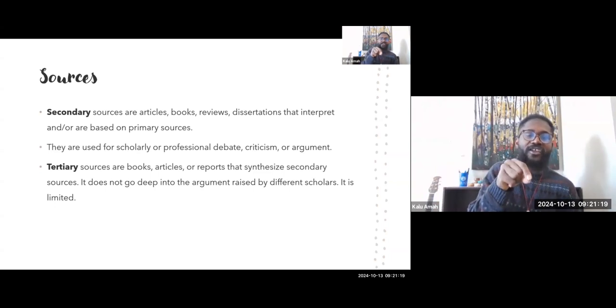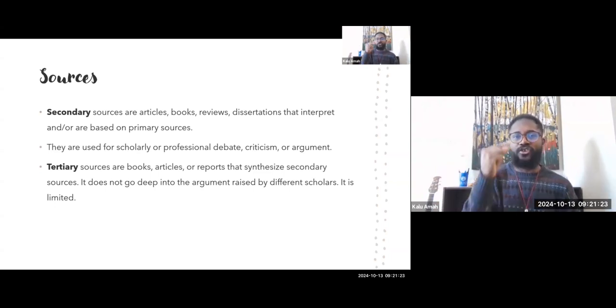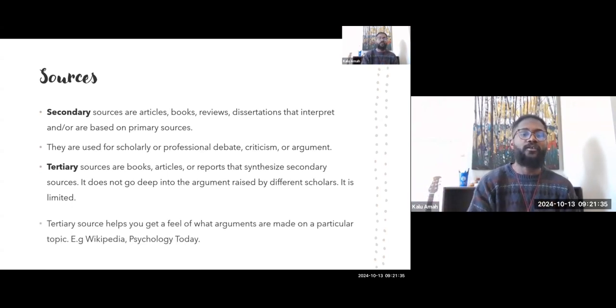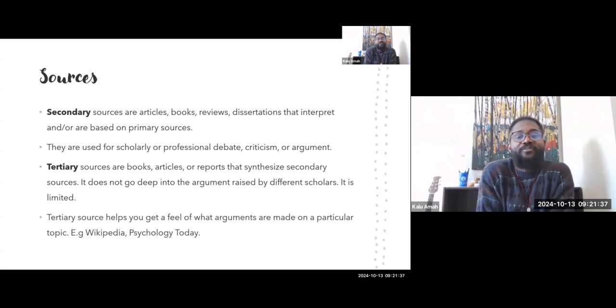But if I am interested in that particular research, I will have to go beyond your literature review. Your literature review can serve as a way to know that there is an existing work or scholarship where I can leverage my research. So tertiary sources help you get a feel of what arguments are made on a particular topic.